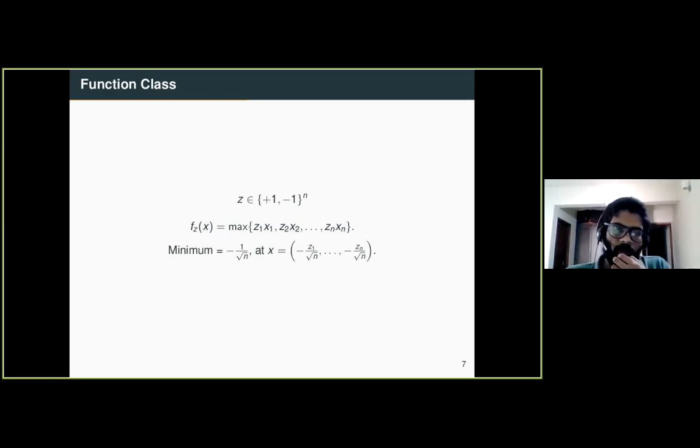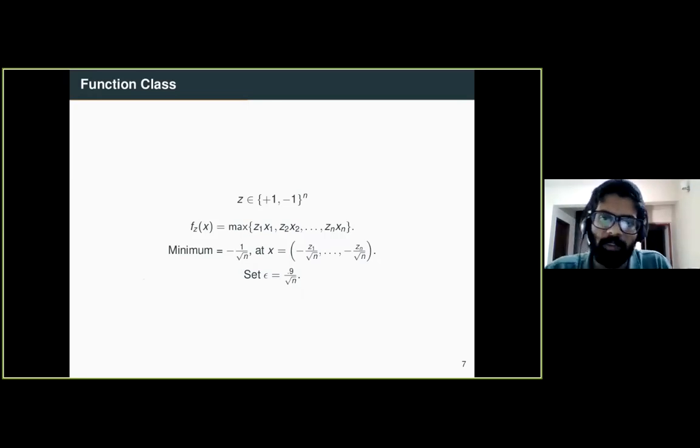So we also want to specify an epsilon that we want to optimize. And here we'll set it to be 0.9 by square root n. So an immediate observation is that if you find a point x that epsilon optimizes f, the function value at x should be negative, because it should be 0.9 by square root n close to -1 by square root n. So it is necessarily negative.